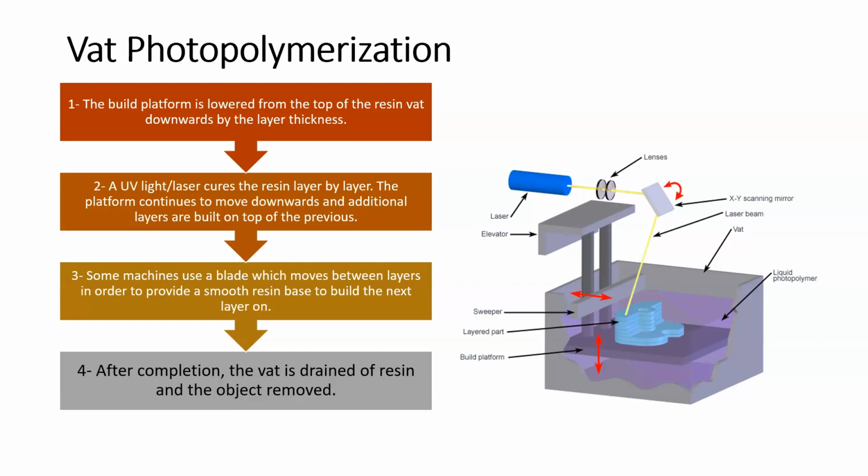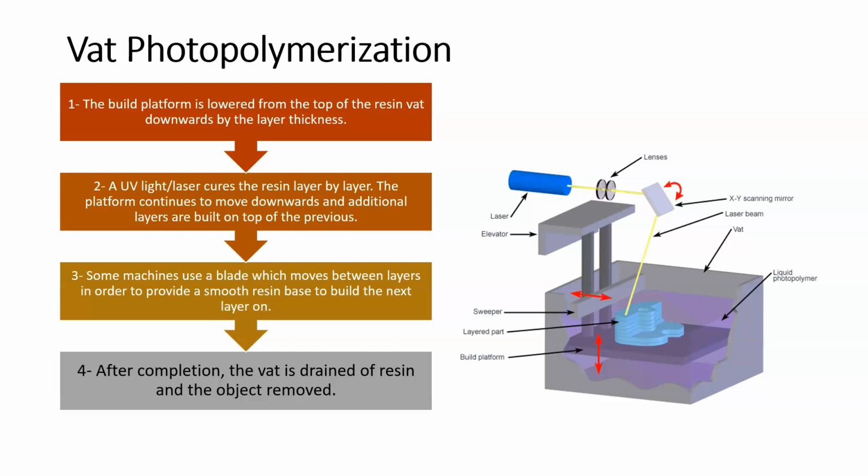In that process, the build platform started at the top of the reservoir of the photopolymer, and then the build platform was lowered by one layer thickness. UV light cures the resin layer by layer. The platform continues to move downward, and additional layers are built on top of the previous layer.